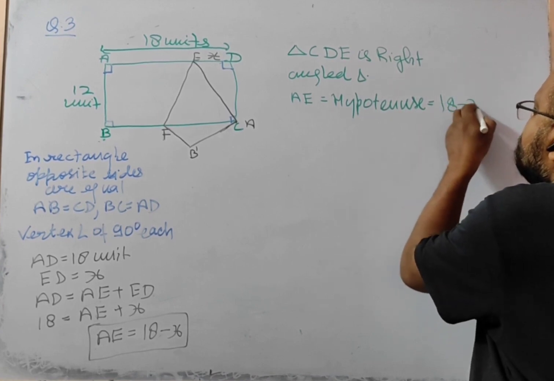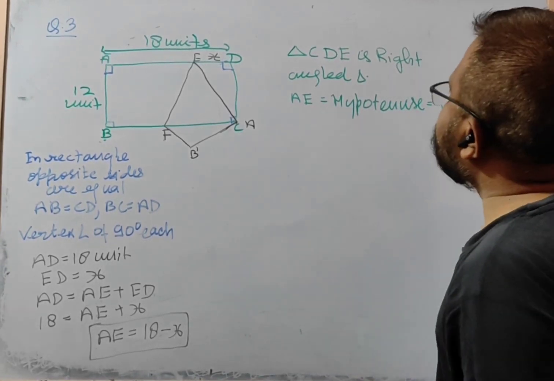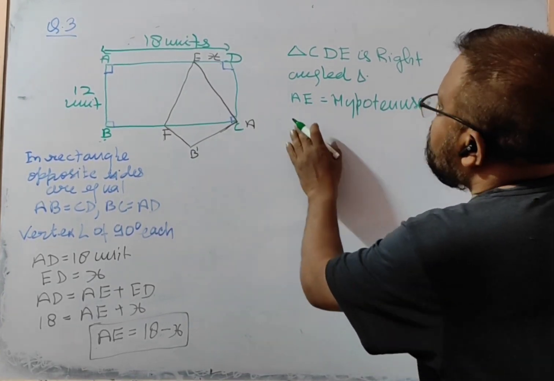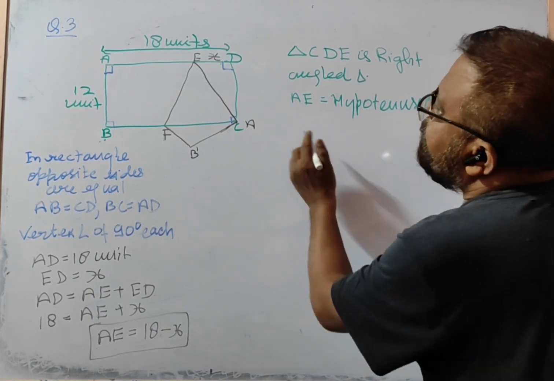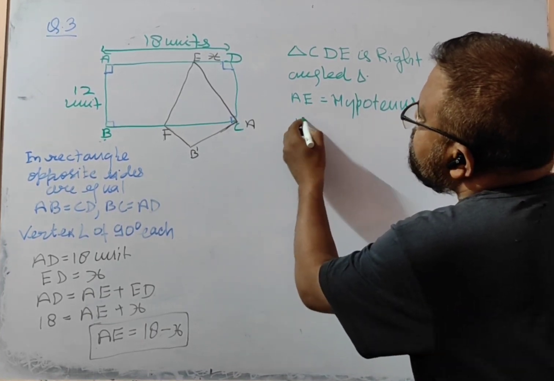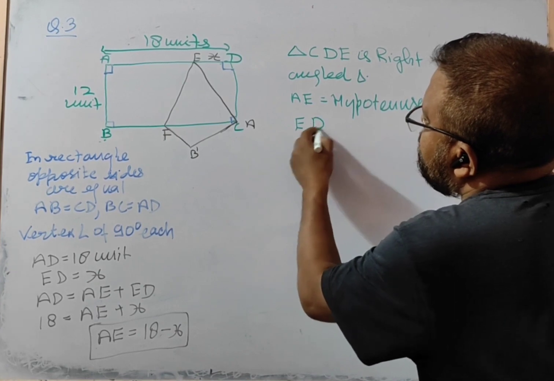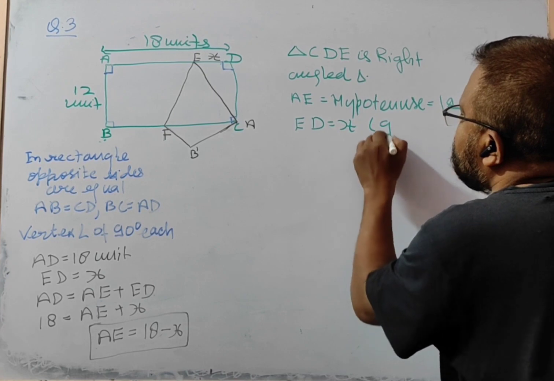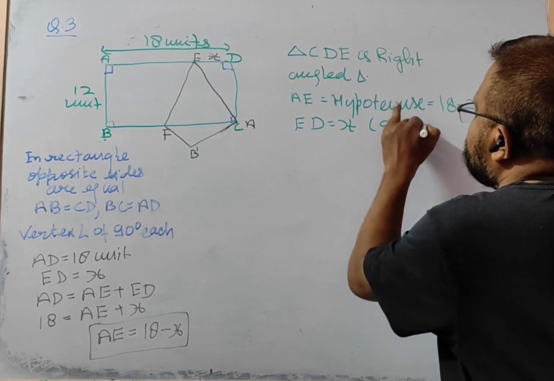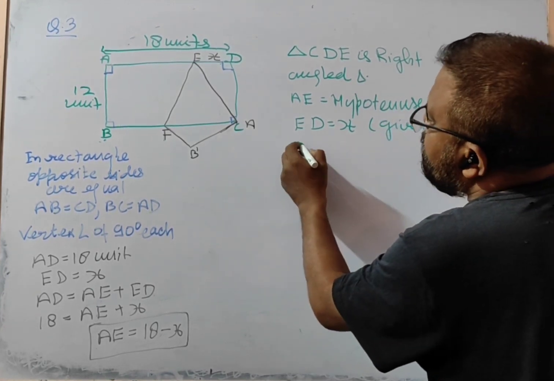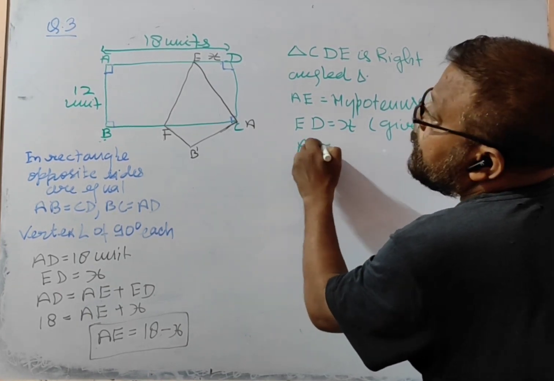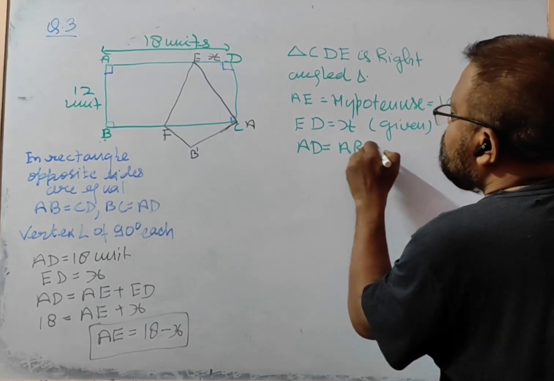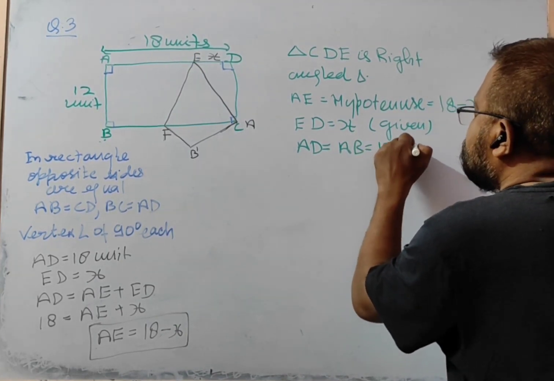18 minus X, right? And ED is X, that is given, and AD is equal to AB is equal to 12 units, right?